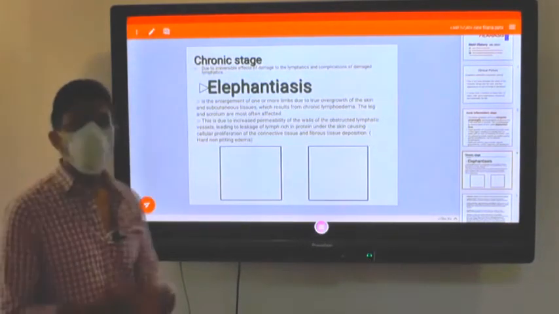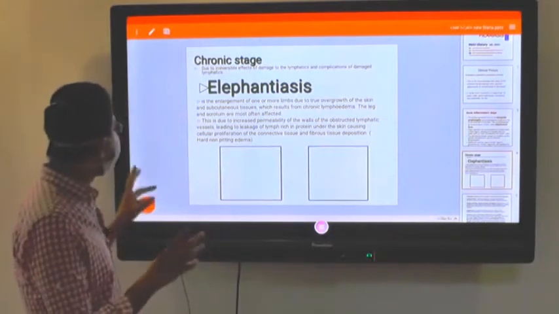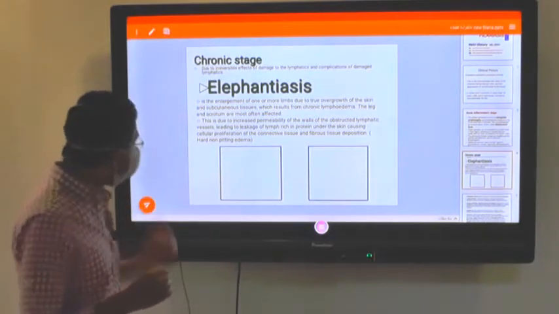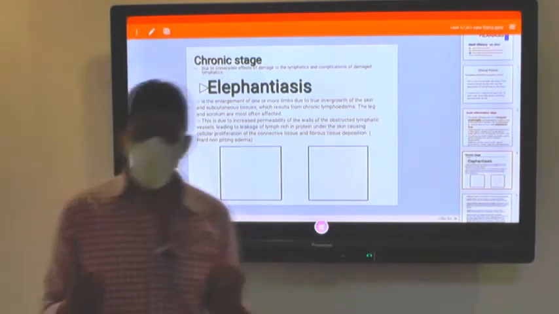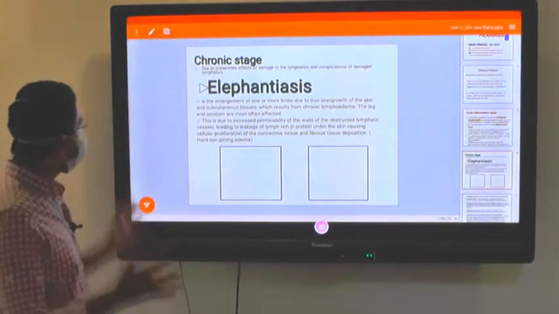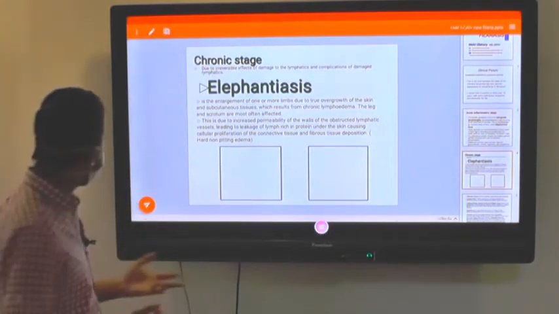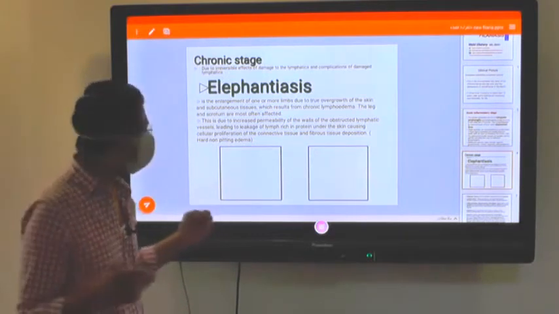The chronic stage: due to recurrent inflammatory conditions, there may be irreversible damage or organization of the inflammatory exudate in the lymphatic vessels, leading to obstruction of the lymphatics. So, what is so-called elephantiasis?